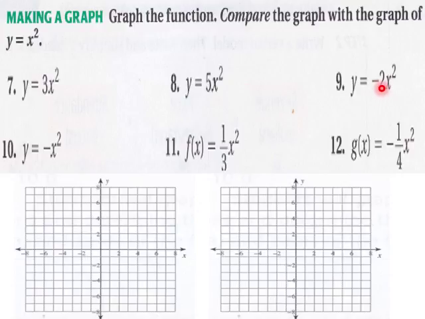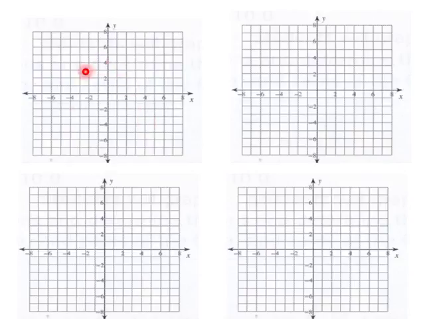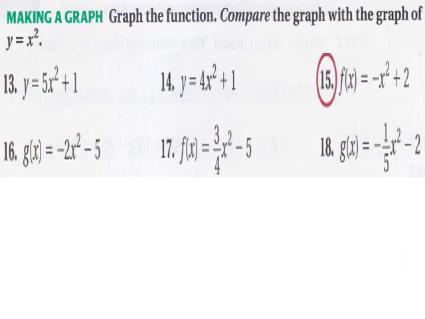Same thing here, and then this goes down like that, negative 2x squared. Negative x squared goes down like this. One-third x, well, I'm not going to give this away. And then same thing here, negative. Use your graphing calculator. Don't complain to me, you got more grids here.